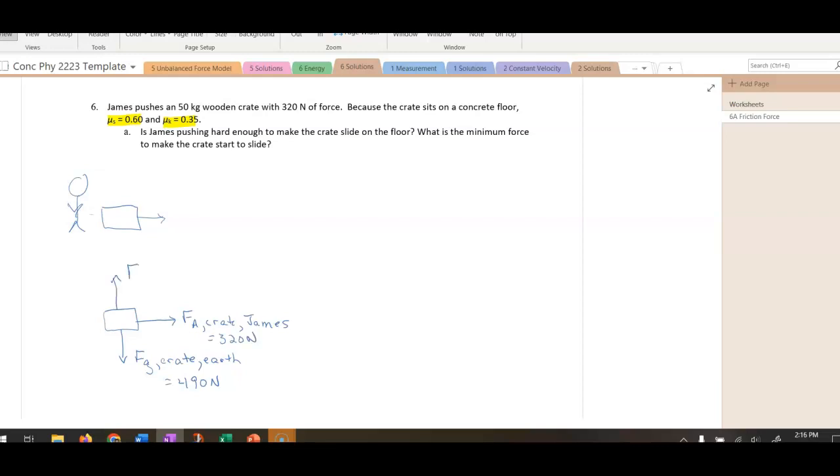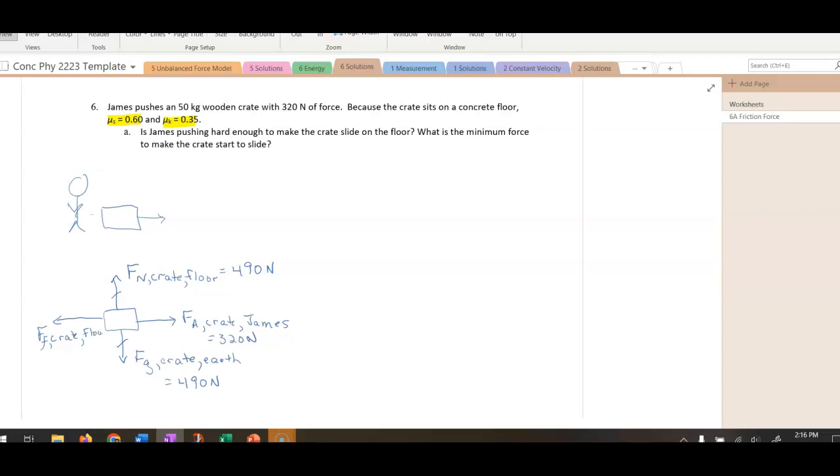In this case, the floor is supporting the crate. The crate's not moving up and down, and so the normal force and the gravitational force are balancing. So I know the normal force is 490 newtons. And there's a friction force. I don't know yet if it's static or kinetic because I haven't decided if the crate is moving or not, but there's a friction force on the crate by the floor.